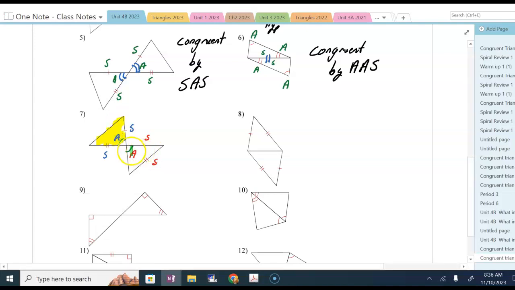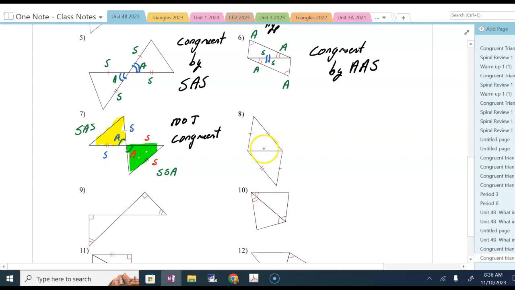The yellow triangle is different than the green triangle, so these are not congruent. Just for clarity, the yellow triangle has side, angle, side. But for the green triangle, we have side, side, angle, because in the green triangle, the angle is not between the two sides.